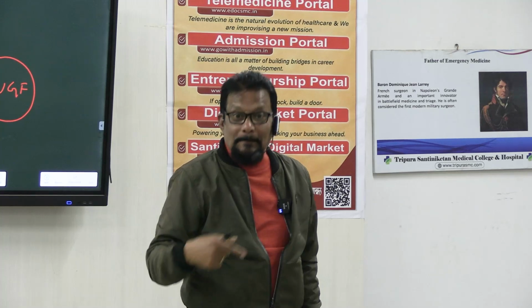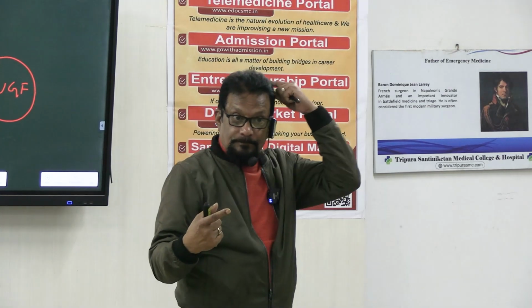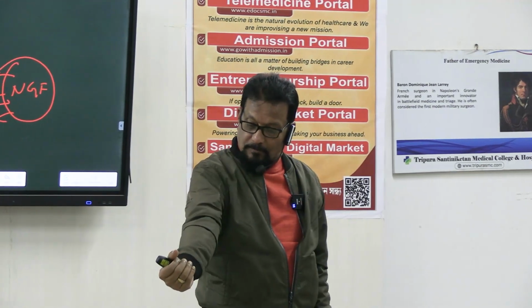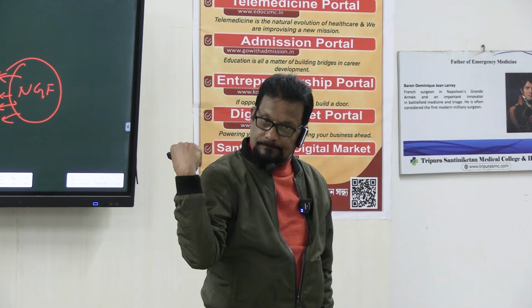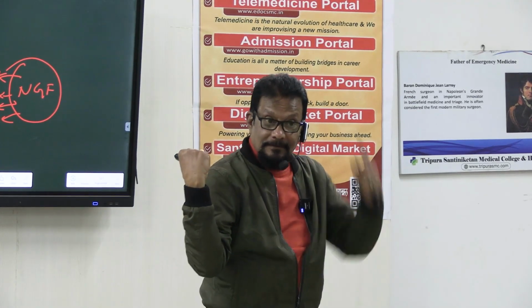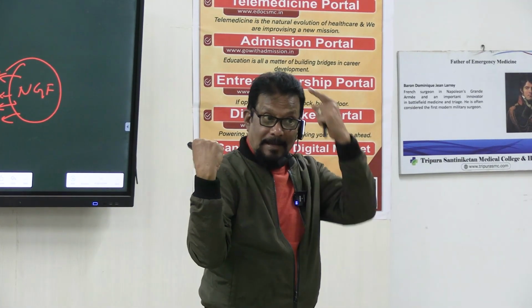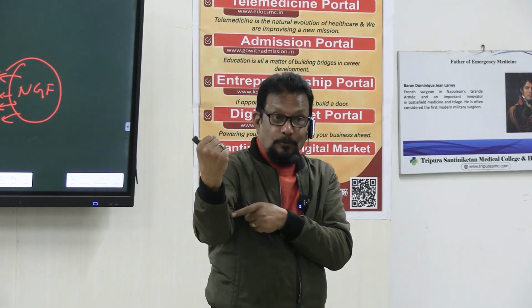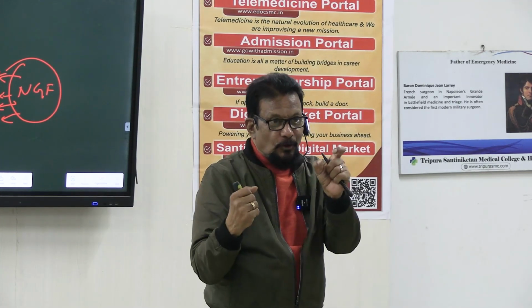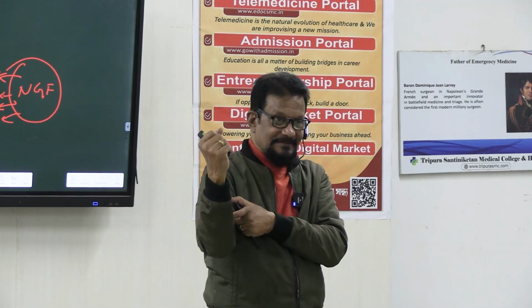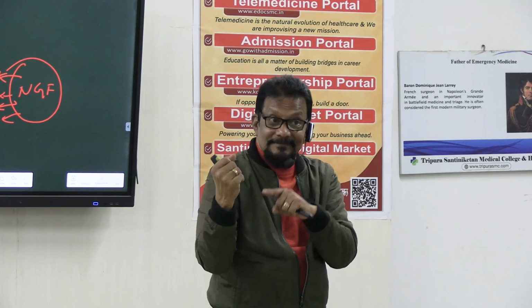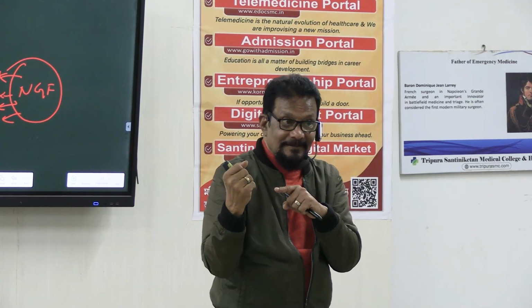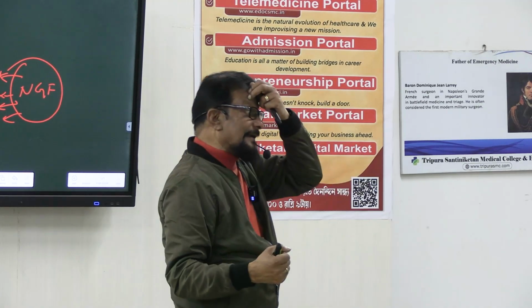See, contract your bicep. What is happening? My efferent nerve releases some acetylcholine and it causes contraction of the muscle fibers. So this nerve is cholinergic and some fibers are adrenergic.